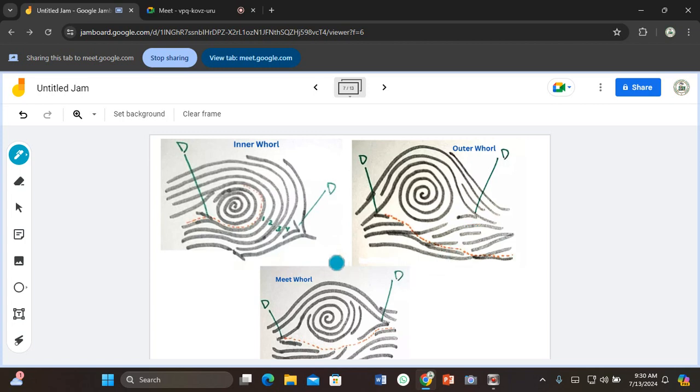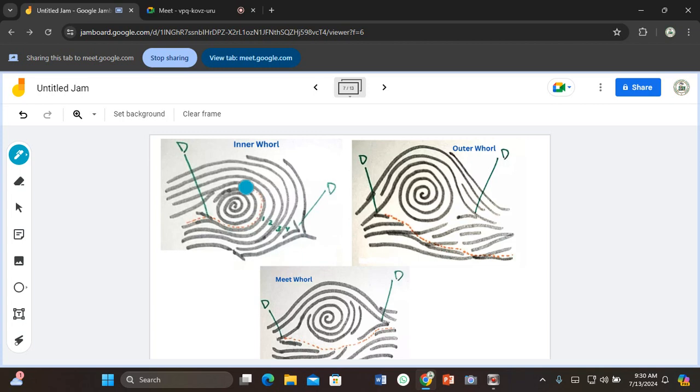Then, as you are tracing, if the trace takes you to the upper part, that is in front of the delta, you are tracing the line and it takes you to the upper part.